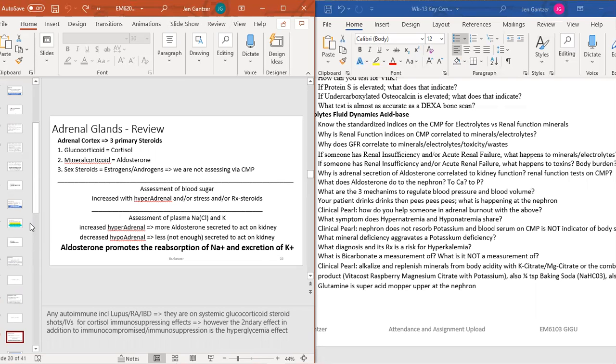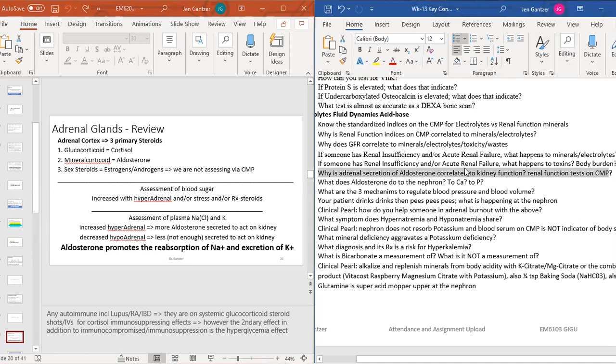A drop in blood volume stimulates RAS, and then the end result is aldosterone is secreted from the adrenal gland to act on the nephron to save sodium. Why? Sodium, water follows. Water, sodium follows. Those two are very intimately correlated in fluid dynamics.